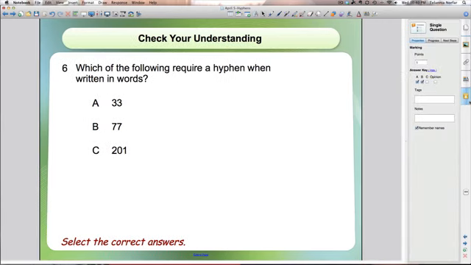You got it. A and B. This was a multiple option. 201 would not require a hyphen.